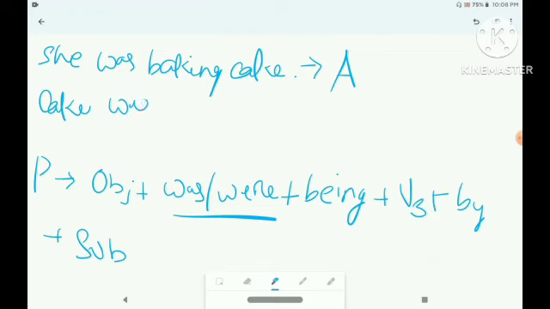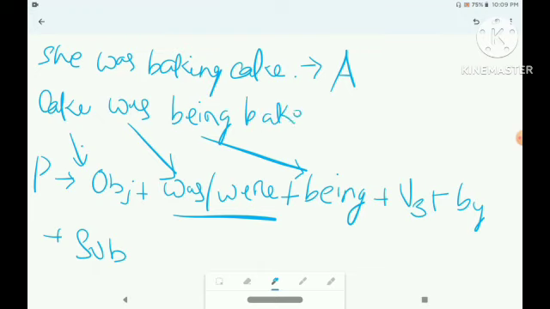Cake was being, cake object was being, baking third form baked, by her.